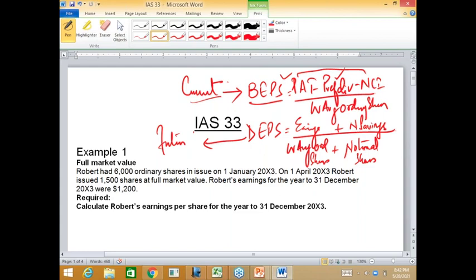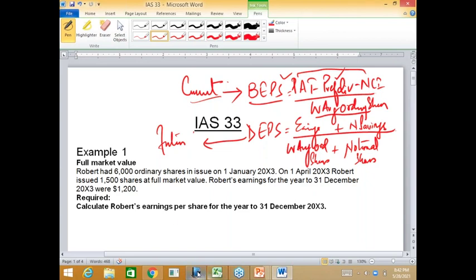Minus NCI will be used only when we are calculating the EPS of a group, divided by weighted average ordinary shares. Weighted average ordinary shares means that you need to proportionate the number of shares if the time period is less than 12 months.